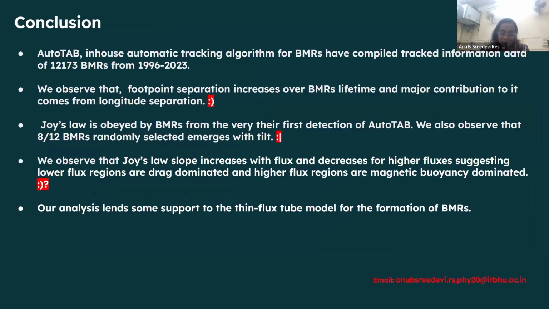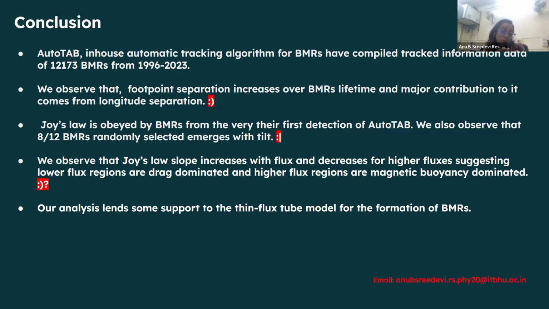Coming to the conclusion, we have developed an algorithm, AutoTAB, which can automatically track the BMRs, and we have a catalog of 12,173 BMRs between 1996 and 2023, all of which contain tracked information.